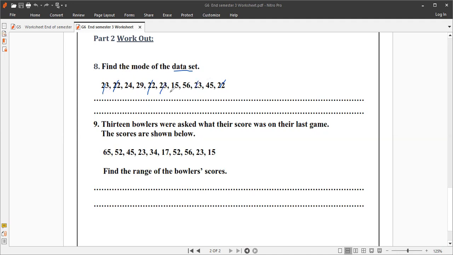If we have no number repeated, we can say no mode. But here we have two numbers repeated the same number of times, 3 and 3. So we have two modes. We have 22 as a mode and 23 as a mode.